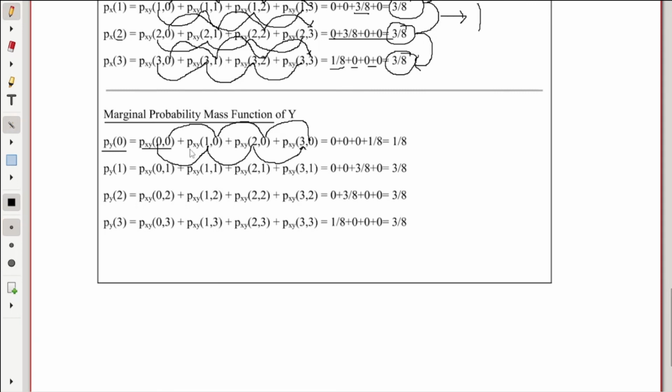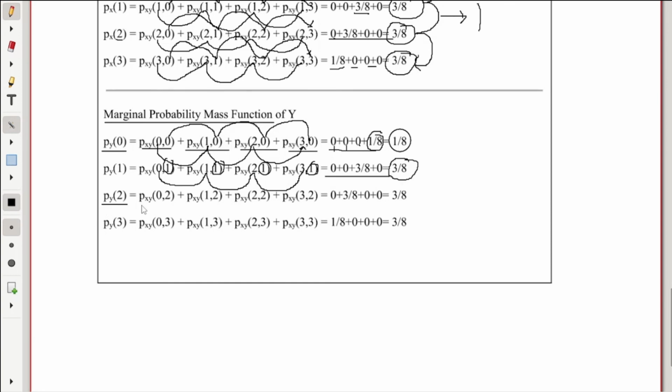From the table you can see the probabilities 0, 0, 0, 1 upon 8, so total probability 1 upon 8. For P_Y(1), X will vary from 0 to 3 and Y will be constant, and you see the probabilities, so that is 3 upon 8.